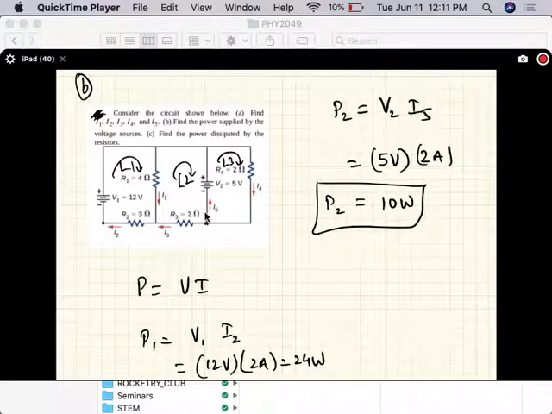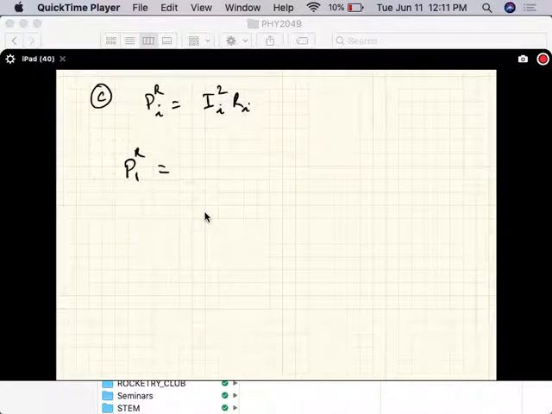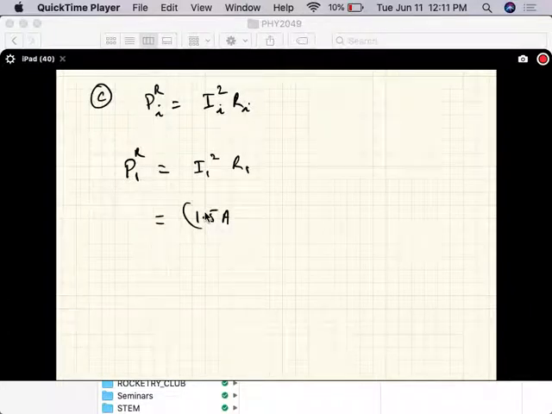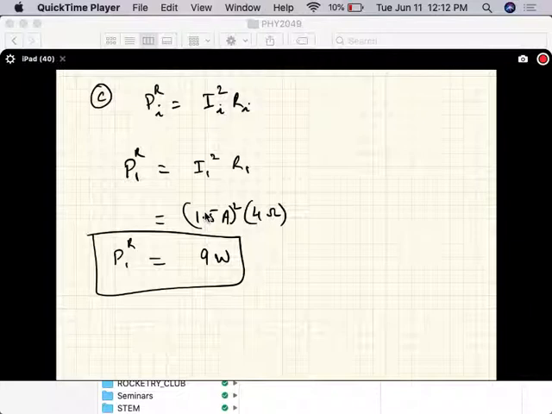Okay, R1, what is I1? 1.5 amps. So I1 squared R1, 2.25 times 4, that's 9 watts. And so on, and you guys can do the rest.